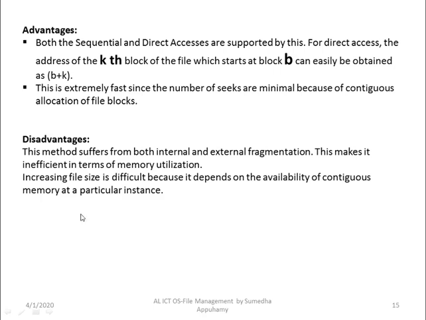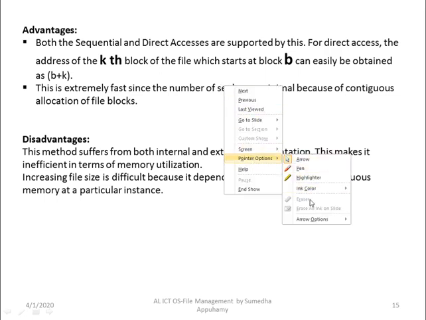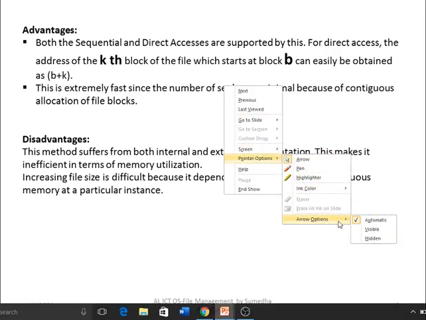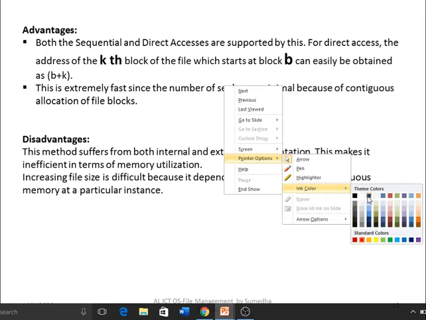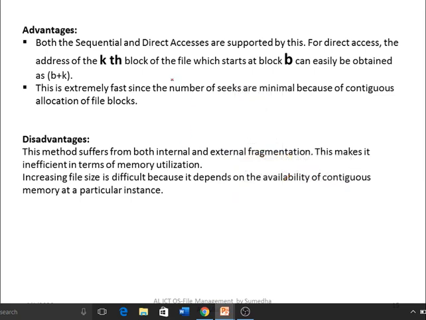Advantages and disadvantages I have given here. Both sequential and direct access are supported by this. For direct access, the address of the kth block of the file is given. Remember, mainly in our syllabus you just write that this supports sequential access.